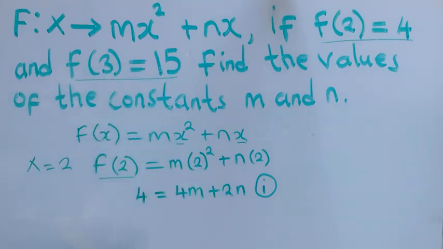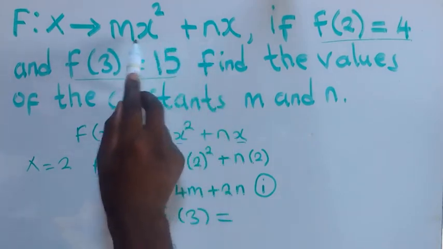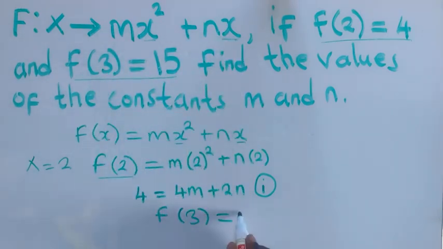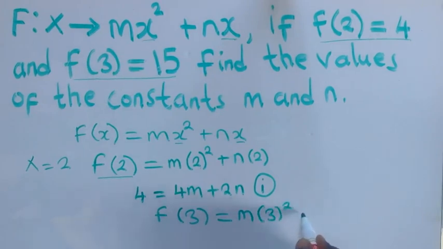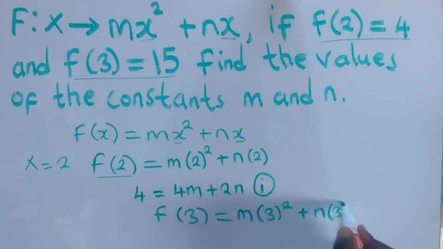So even this one, we are going to write it in such a way that we are going to say f(3) is equal to, so right here we are using the same function where there is x, we are going to put a 3. So we are going to have m in brackets, we are going to have 3 squared plus n, again we put a 3.